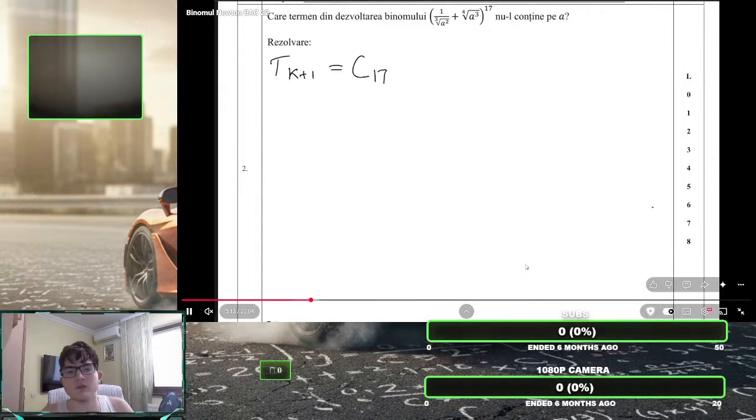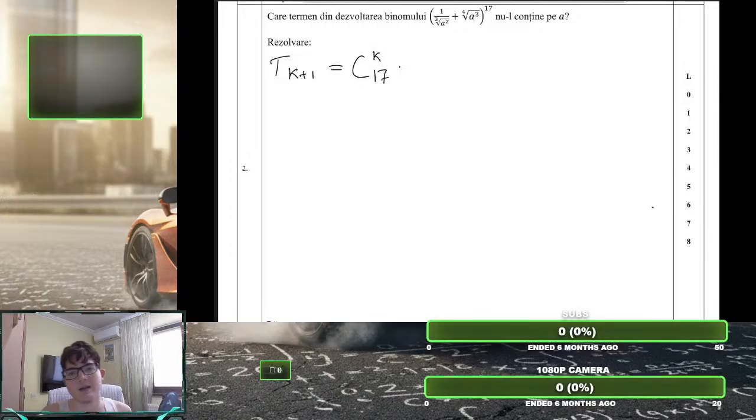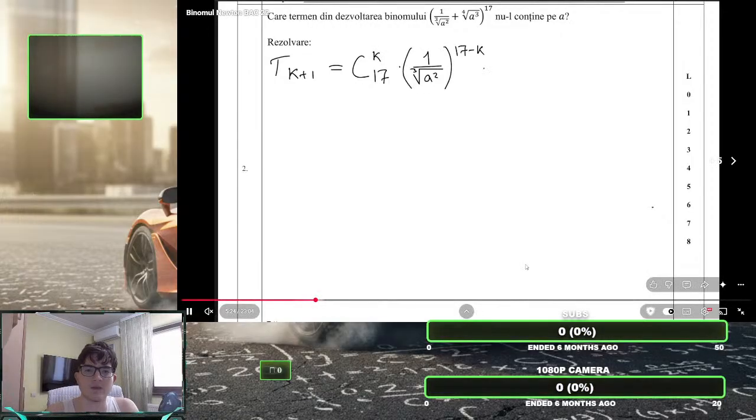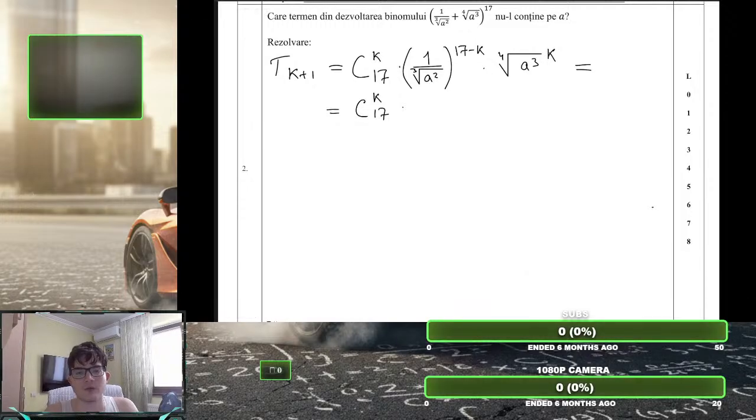T k plus 1, 17 k, 1 divided by that, 17 minus k, this to the power of k. Now we can work it out right there. 1 divided like this, so it's a to the power of 1 divided by 3 times 2, so that's a to the power of 2 divided by 3.